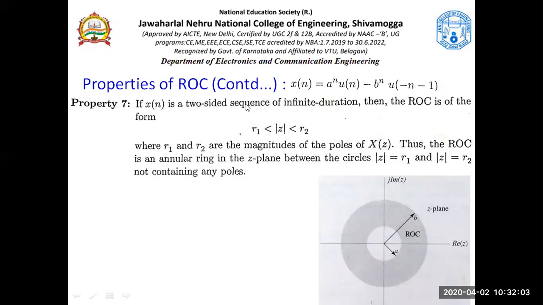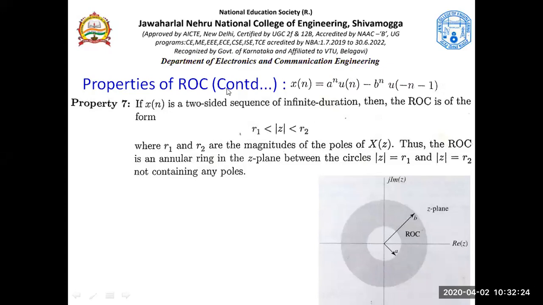So if you find any two-sided sequence with range minus infinity to plus infinity, then the region of convergence is greater than R1 and less than R2. What is R1 here? R1 is A in this example. R2 is B in this example.